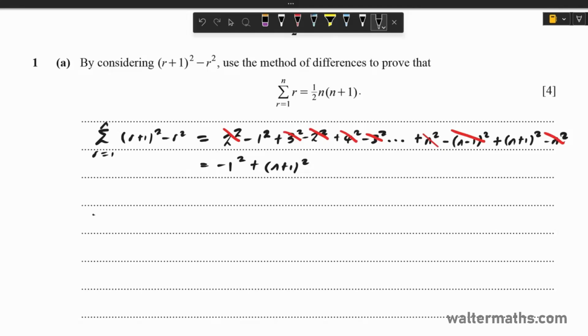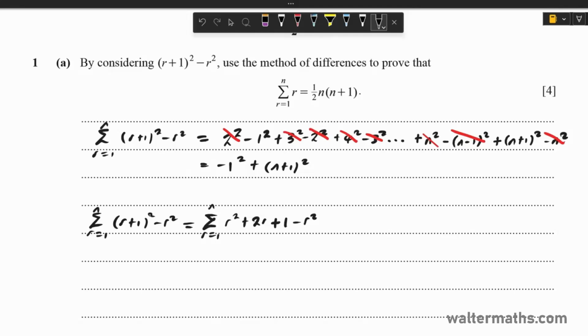Now, you have to understand that when we say the sum from r is equal to 1 up to n of r plus 1 squared minus r squared, it is the same as saying the sum from r is equal to 1 up to n of, expanding the brackets here, r squared plus 2r plus 1, and that's minus r squared. Now r squared minus r squared is 0, so we are left with 2r plus 1.